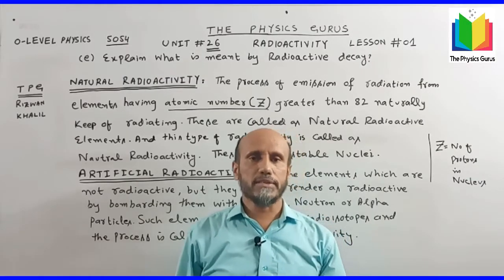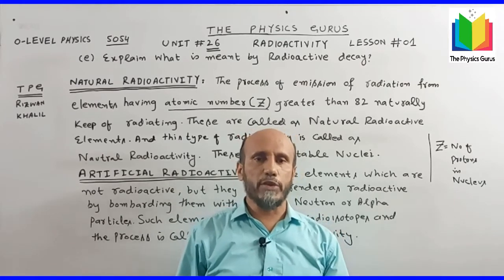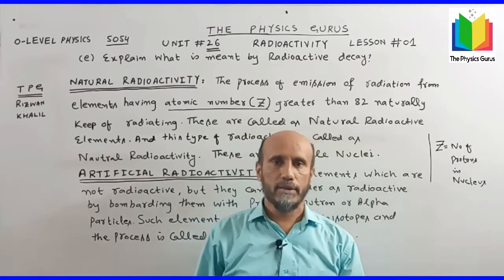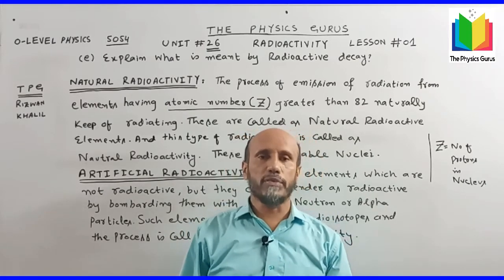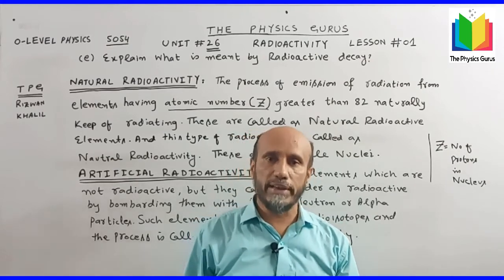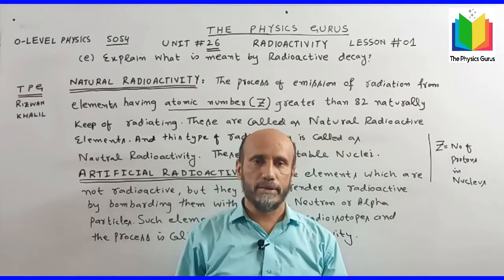Now we will discuss the difference between two different types of radioactive elements and two different types of radioactivity. How many different types of radioactive elements were there? Two. One is called natural radioactive element and the other is called artificial radioactive element.